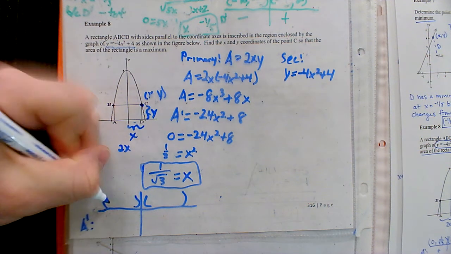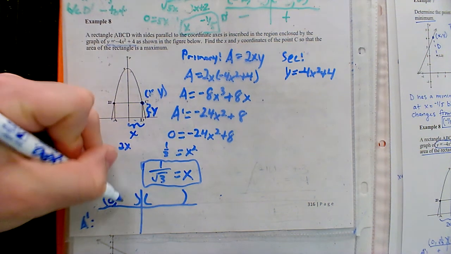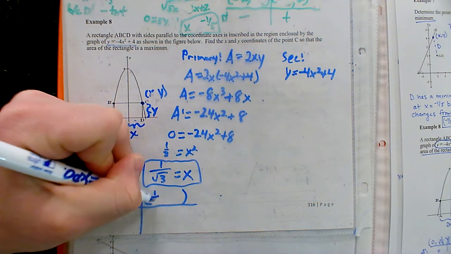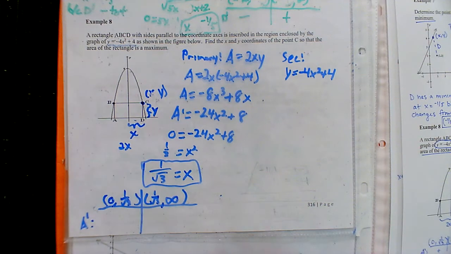So now we have our interval. Again, this is a side length, so we're going to start at 0, comma 1 over square root of 3. And we don't know how big the side length is going to be, so we'll say infinity. Check the interval for positive and negative.